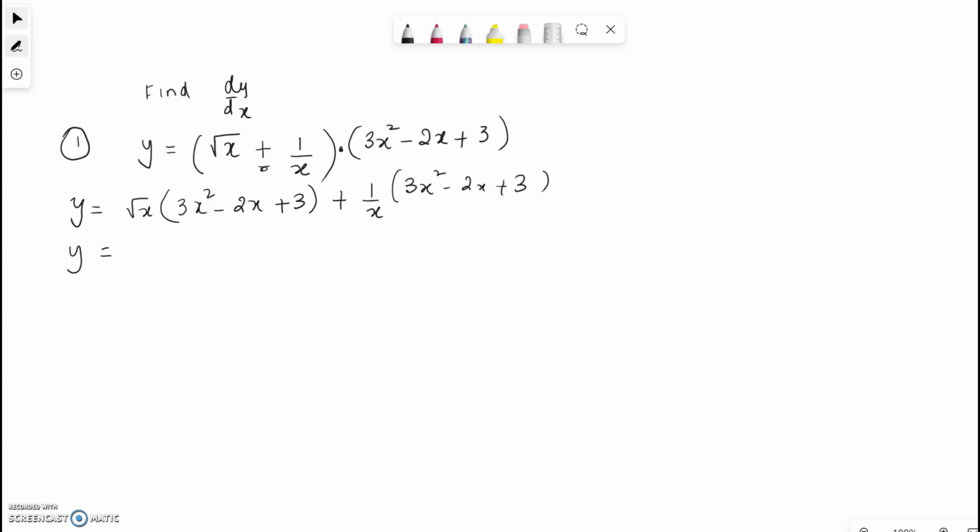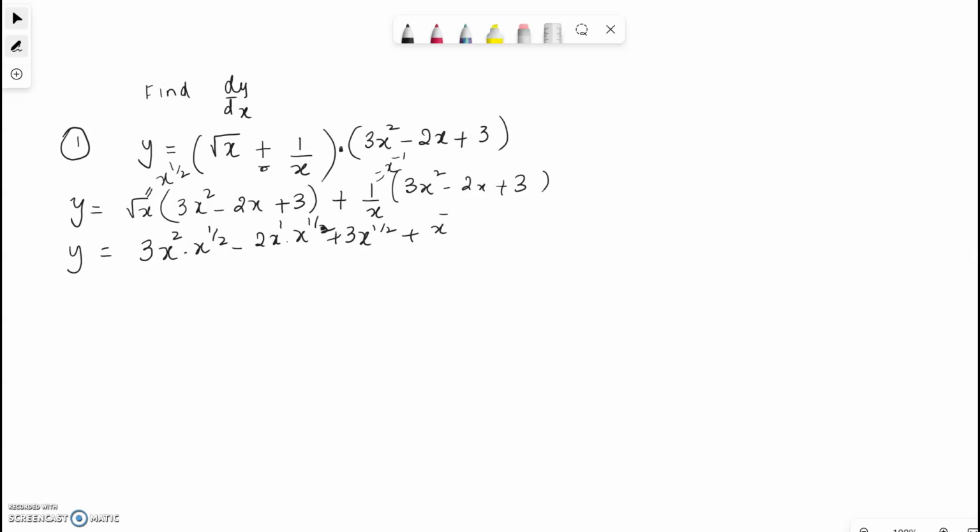But remember that we are now going to differentiate the function, so we're going to think of radical x as x to the half. When we multiply, we get 3 times x to the 2 times x to the half, minus 2x to the 1 times x to the half, plus 3x to the half, plus, we could think of this as x to the negative 1.